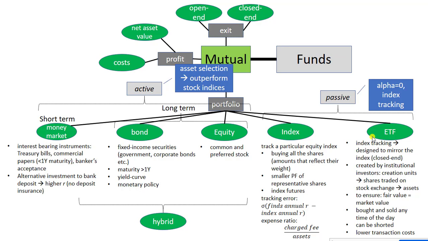And also they are mimicking an index, so they are like a tracking fund, but they are more sophisticated because the tracking error for them is minimized, so it's really low. So they are highly fine-tuned, and they have to follow completely the index. And they don't have to keep liquid assets to pay out outgoing or leaving investors, because in this case they are just trading on the stock market.